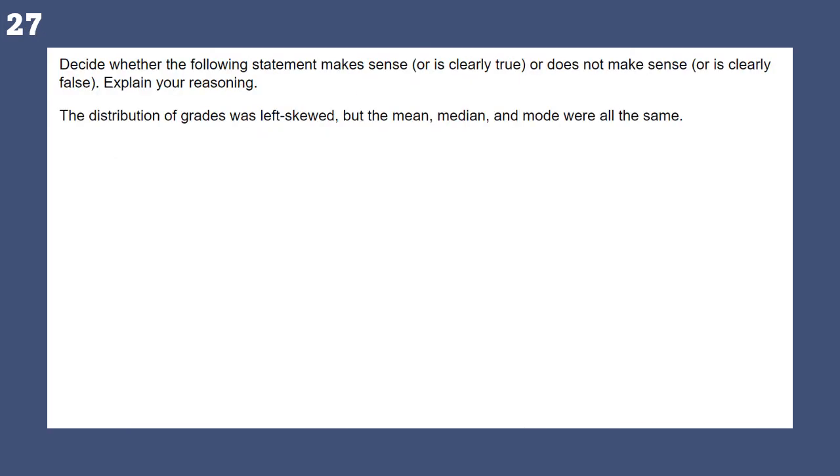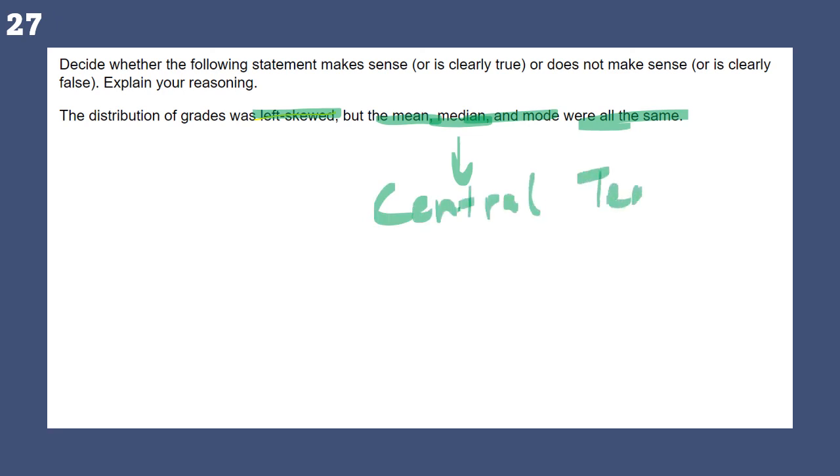Now, if I told you the distribution of grades was left skewed, but I told you that the mean, the median, and the mode were all the same, what we need to recognize is that mean, median, and mode are measures of central tendency.